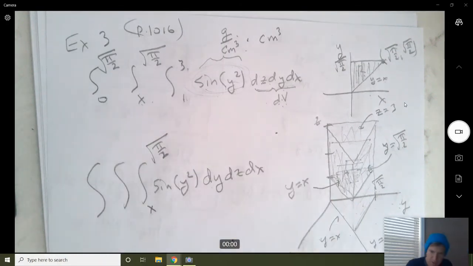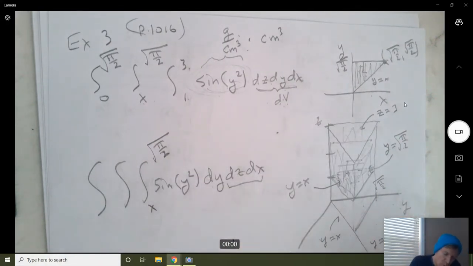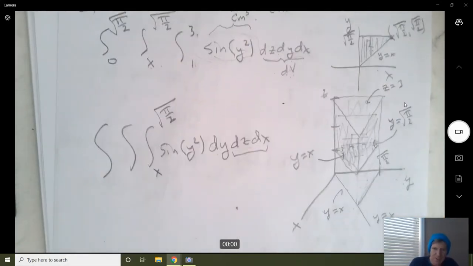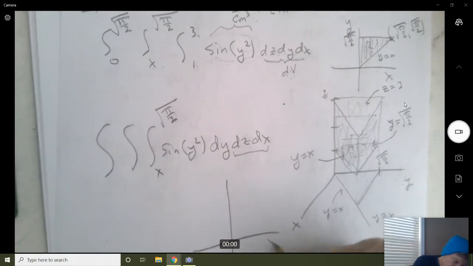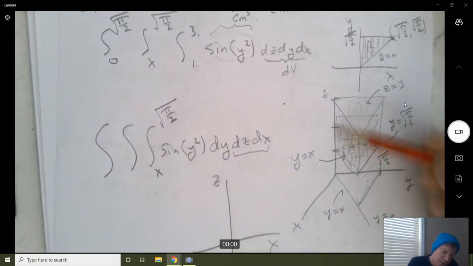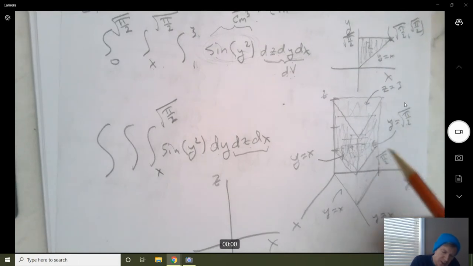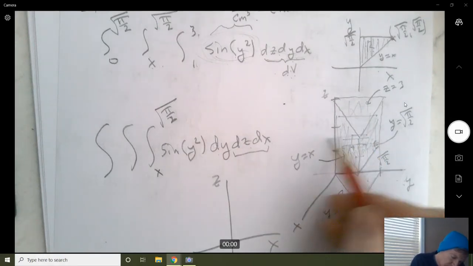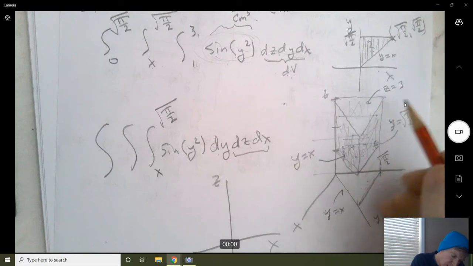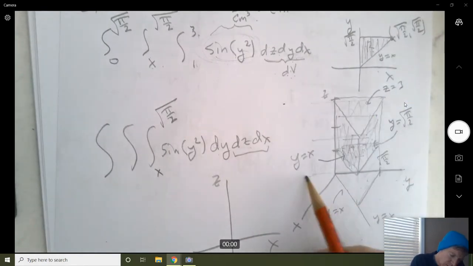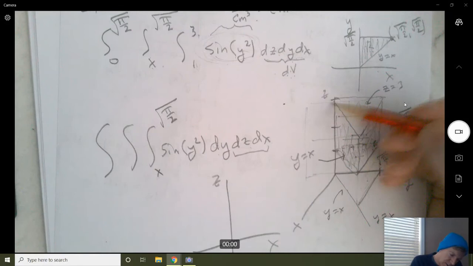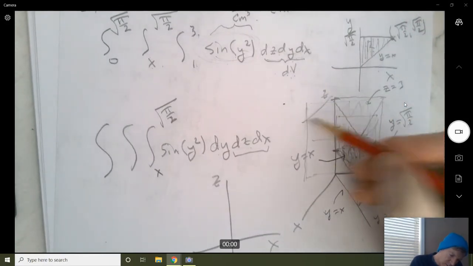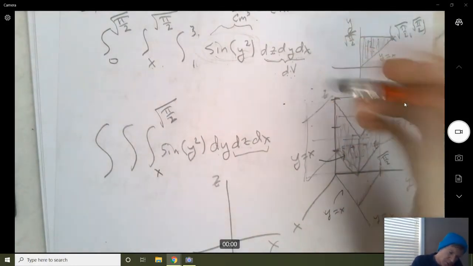Now here's where it gets tricky. How do we do the dz dx? Well, now we've got to project this thing onto the xz plane. Let's look at what that looks like. On the xz plane, if we were to project this thing, and you've got to be able to visualize this, if this thing projects over here onto this plane, you would end up on this plane with a rectangle.